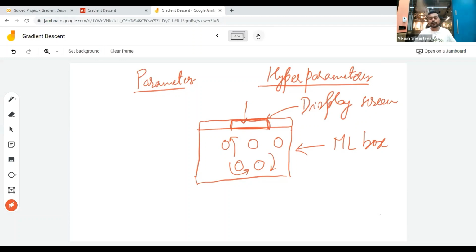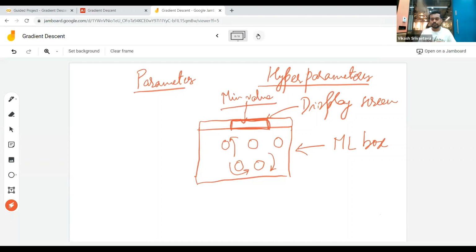Of course, this ML box is a relatively complicated object. From the outside, you can only control these knobs, and that will output on this screen the minimum value of the loss function.